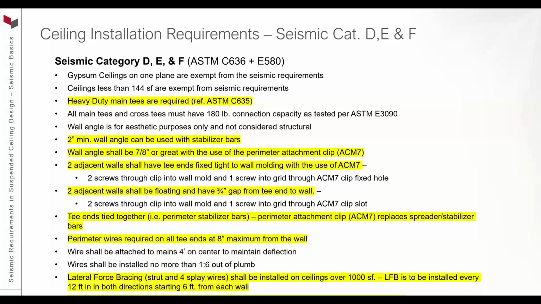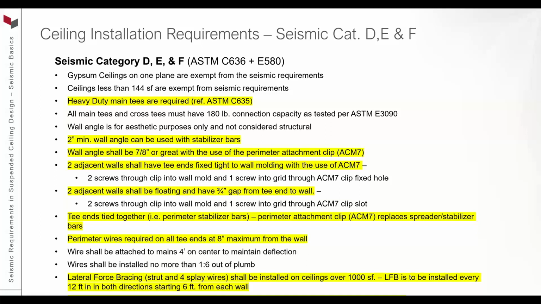And then two adjacent sides need to be fixed, like I mentioned before. And then two adjacent sides need to be floating, but now the gap is a lot bigger. The gap needs to be 3/4 of an inch to allow for more movement to occur instead of 3/8 of an inch for category C.